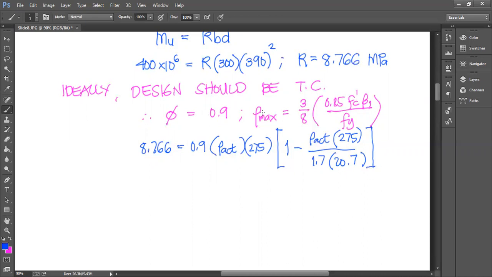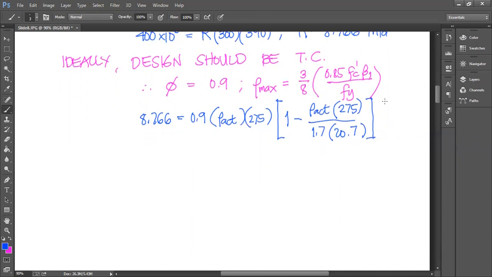Tinatry ko sa calculator kung pwede yung shift solve using an assumed value of raw maximum. Medyo matagal calculator ko, so itry na natin na mag-quadratic equation na lang.